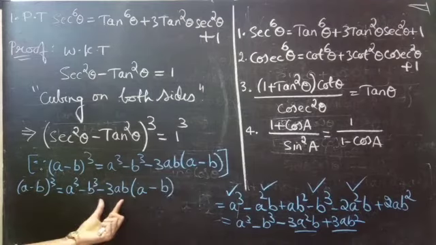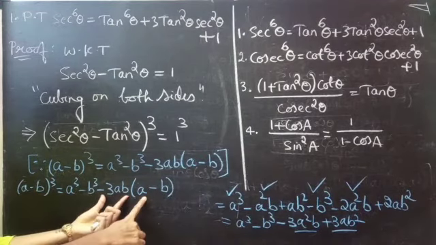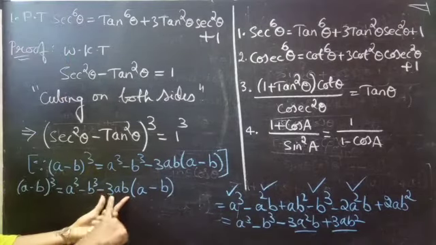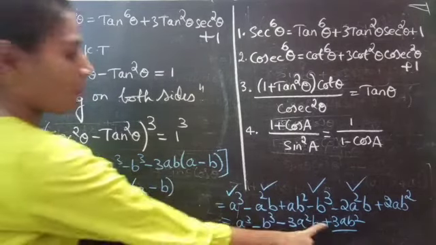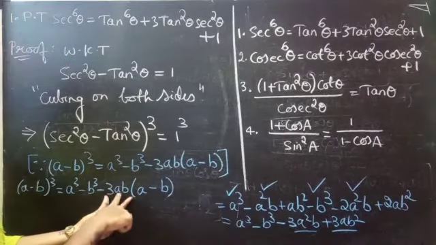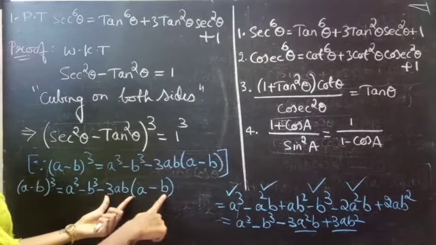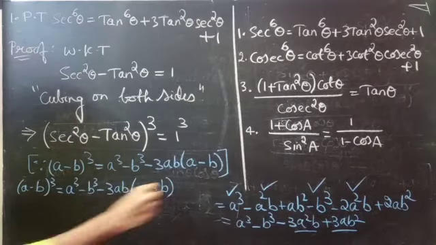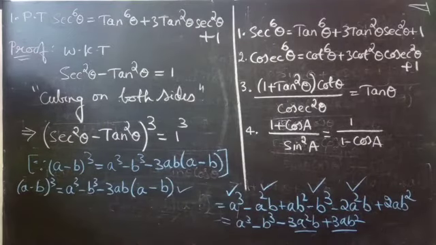See? Minus 3ab into a is minus 3a square b. Again, minus into minus plus, 3ab into b is 3ab square, which remains the same. Okay. So this is a formula. Easy, right?